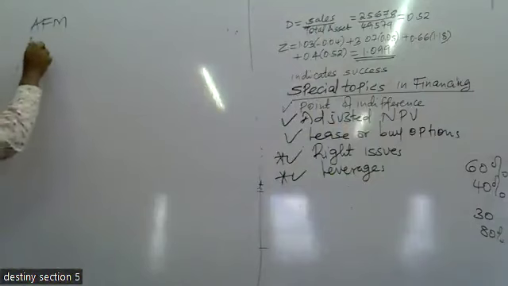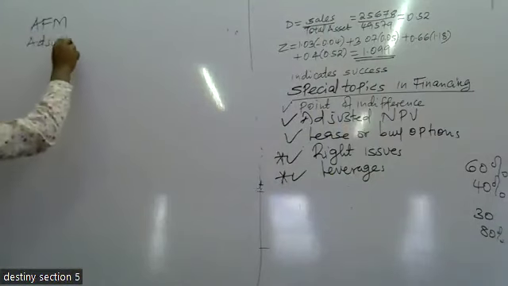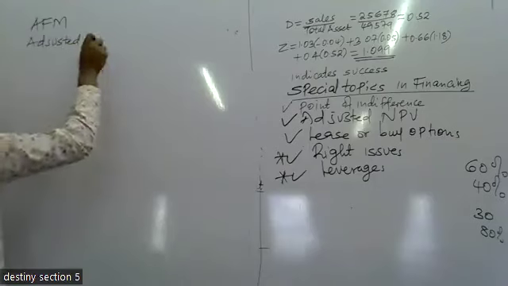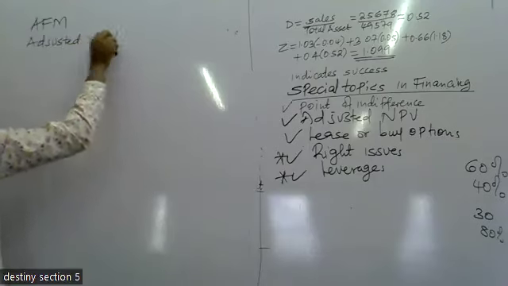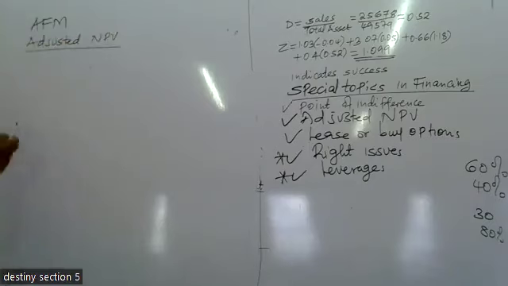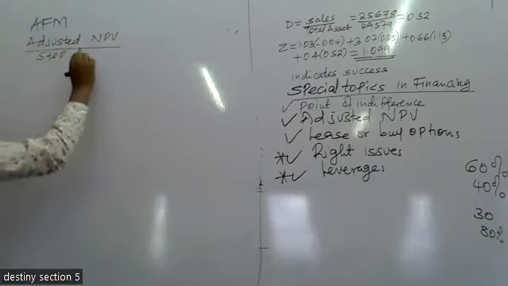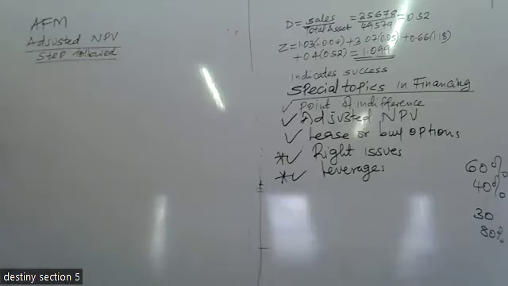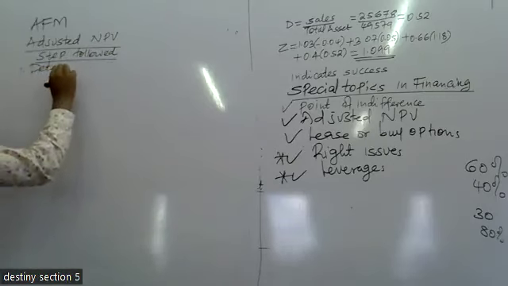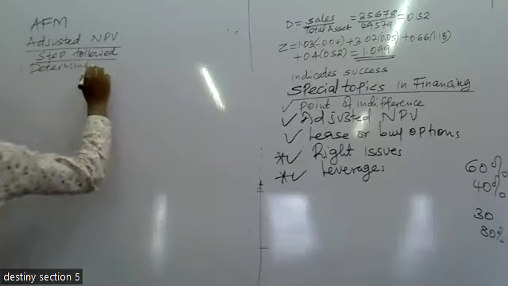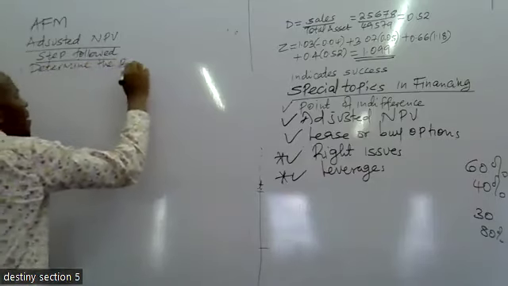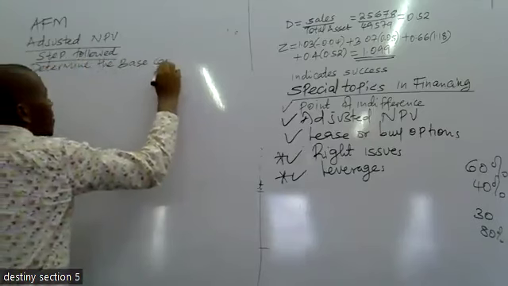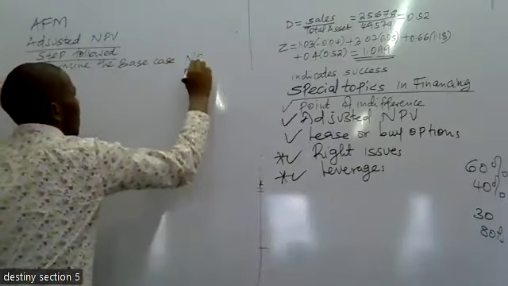Now, that is on that part, the circumstances under which it may be applicable. Now, these are the steps that we follow. For the steps followed, number one, we determine the base case NPV.